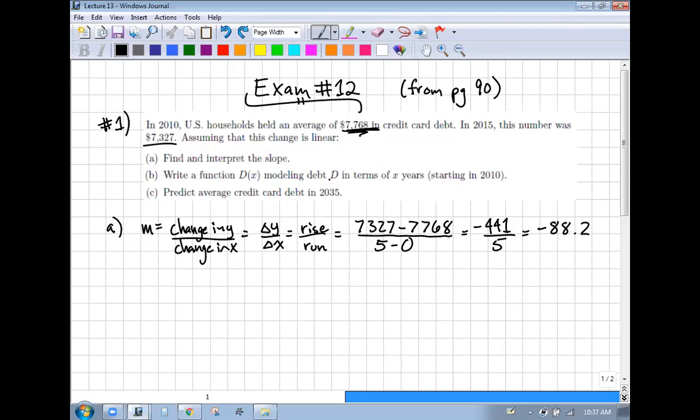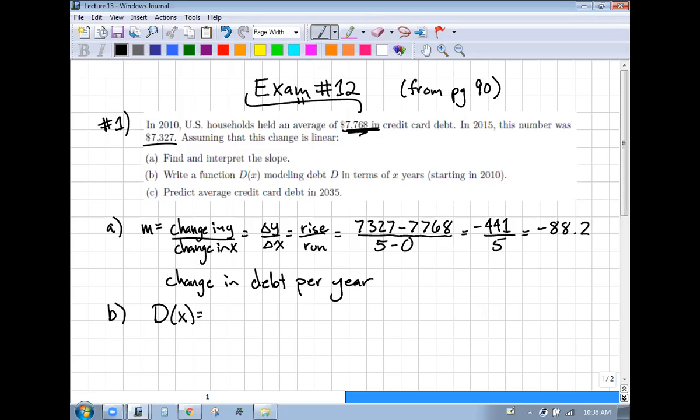So now that we know the slope, they want us to interpret the slope. So this would be change in debt per year. Then they want us to write a function modeling debt in terms of x years, starting in 2010. So our debt, where x is time in years.